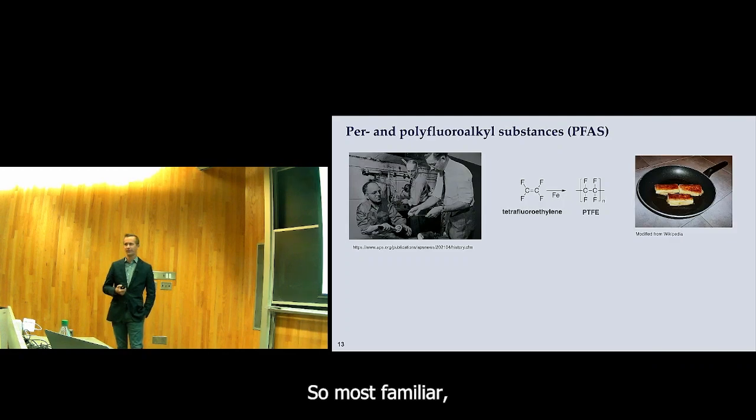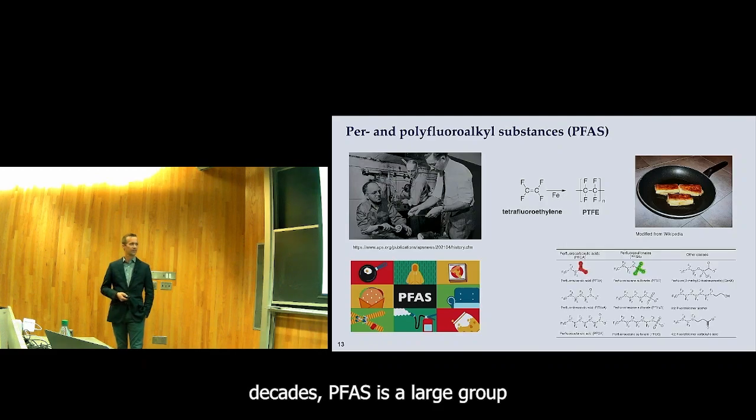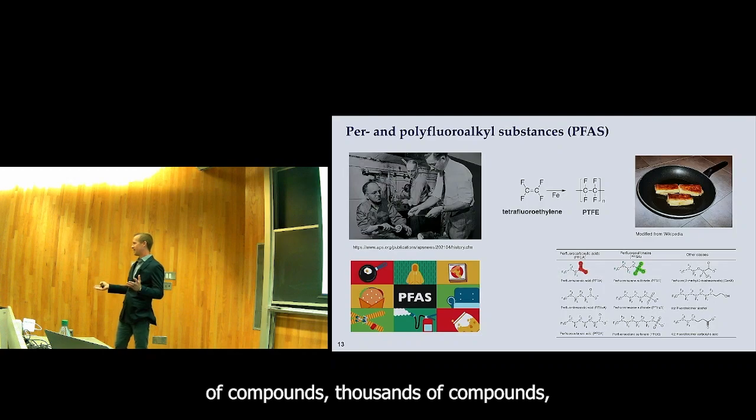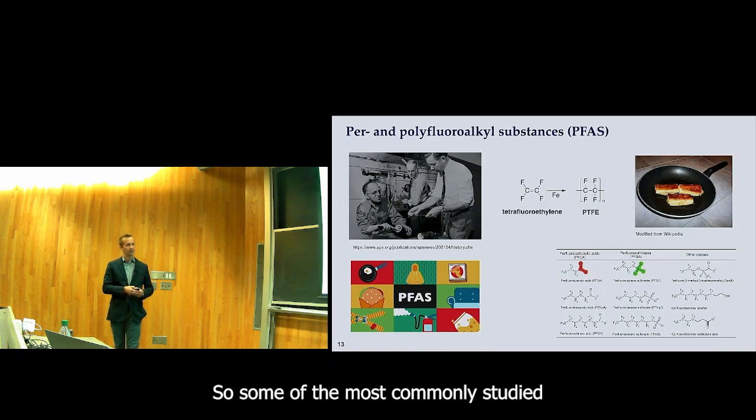So we're most familiar maybe with nonstick pans and use of Teflon there, but PFAS have been used in lots of other materials over the last several decades. PFAS is a large group of compounds, thousands of compounds, but there are individual classes within that group. Some of the most commonly studied are these perfluorocarboxylic acids and perfluorosulfonic acids.